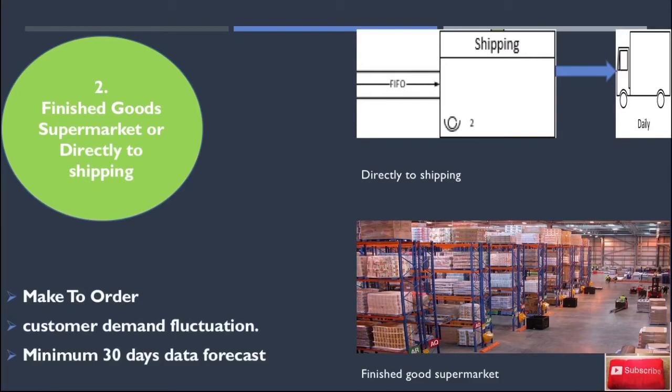So you have to determine which you want to go with first, but our recommendation is the finished goods supermarket. Since lean is against inventory, you cannot create a big inventory, so we recommend at least 30 days of forecast to size the finished goods supermarket. You have to decide this in the second step.